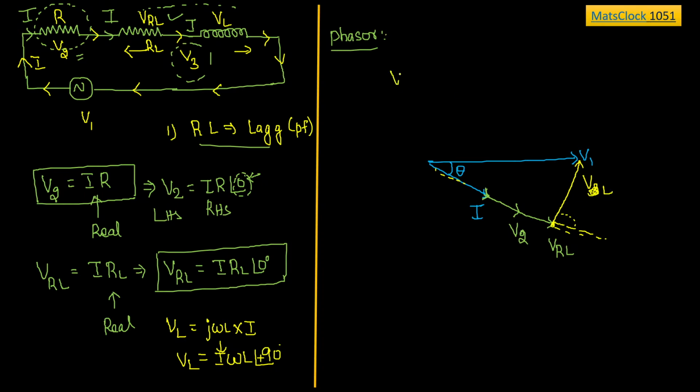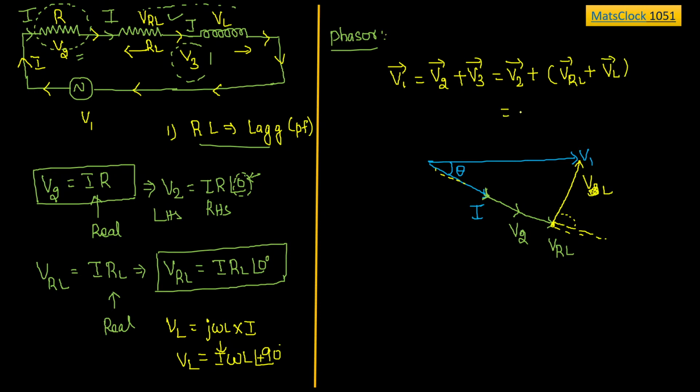Now I will tell you. Basically V1 is the supply voltage. Supply voltage must be equal to load voltage. Load voltage means it should be the combination of V2 vector plus V3 vector. This can be written as the voltage drop offered by the resistor plus the voltage drop offered by the inductor.